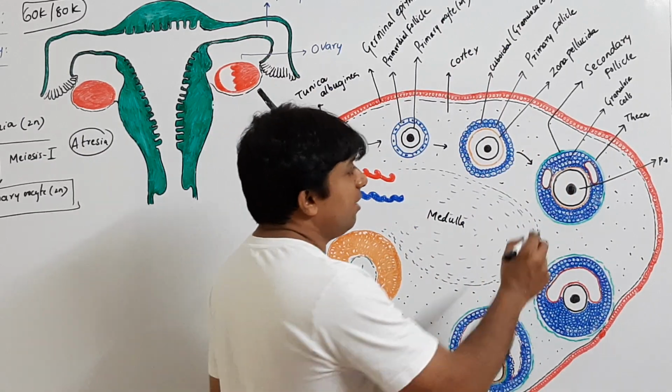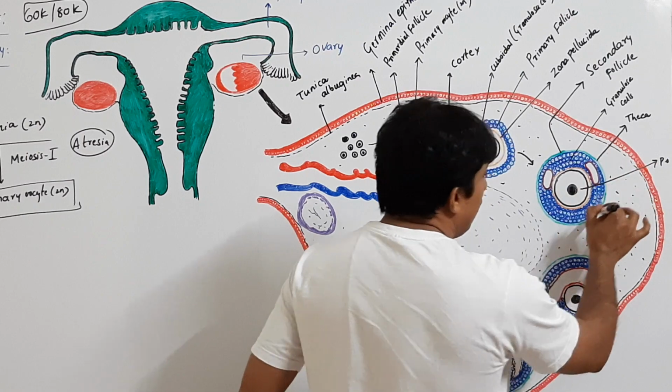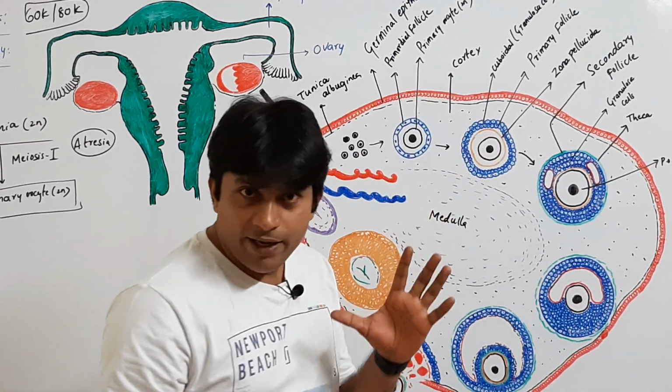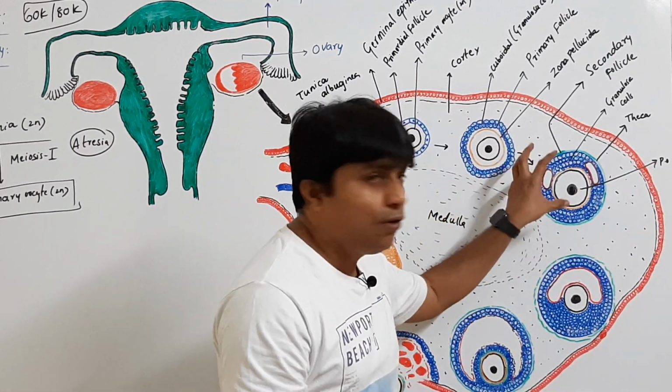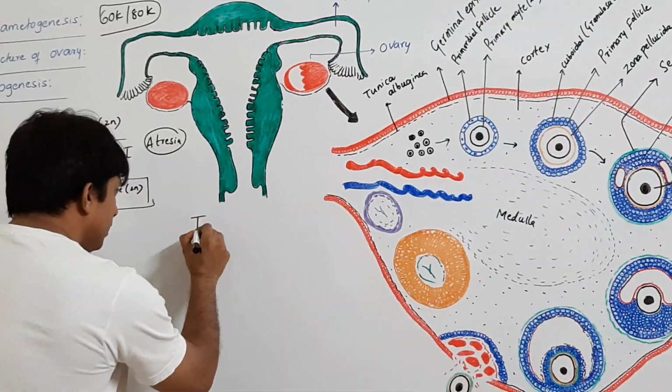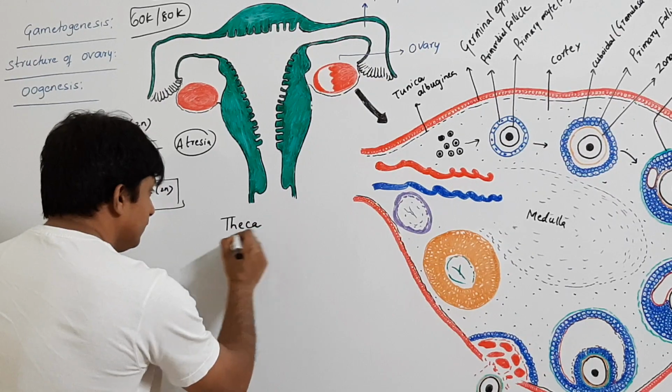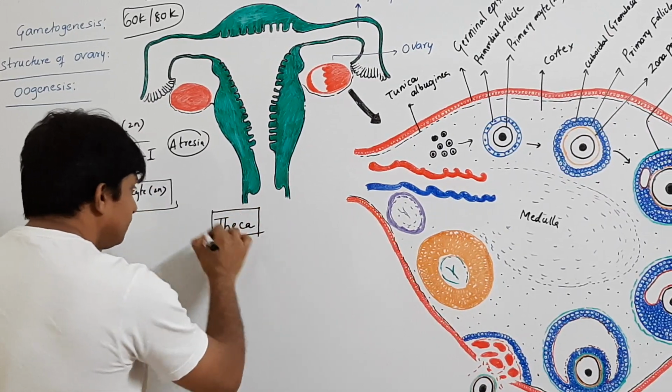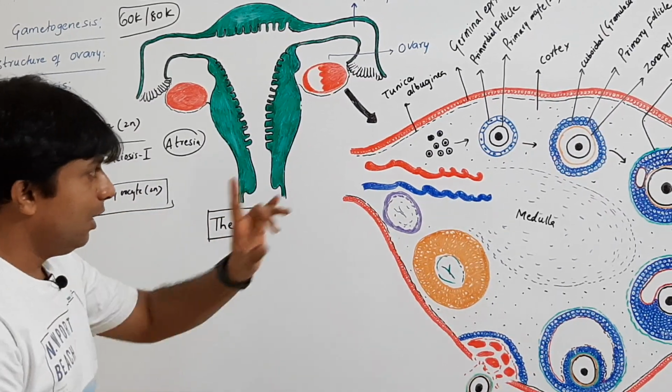The character of the secondary follicle is the formation of theca. Now, what is the role of theca? Listen, these are the thecal cells.